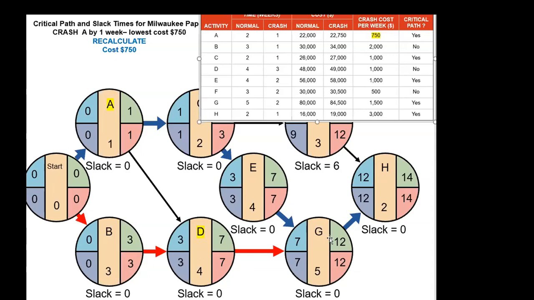On the other critical path, G is the same for both sides. So we don't want to touch that at this point. So between B and D, B is $2,000, D is $1,000, and G is $1,500. So which one is the lowest? Of course, the D. D is $1,000, right?